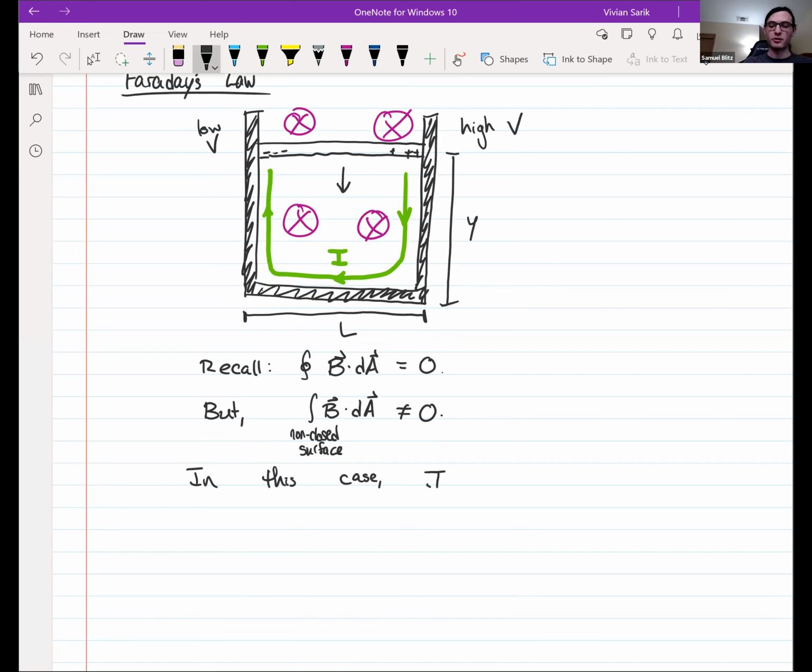The magnetic flux, which is phi sub b, at any given instant in time can be computed.